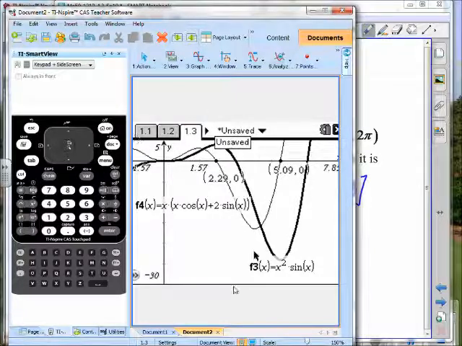Now, the coordination between the graph and this derivative on the same coordinate plane is something where you really have to get into what the derivative is saying to us, what derivative information is giving us, and how we interpret the fact that the derivative is below this axis.